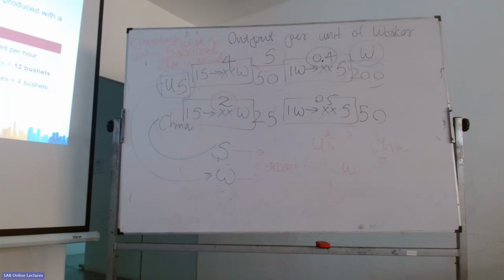The opportunity cost of producing one radio is 4 bushels of wheat in India.